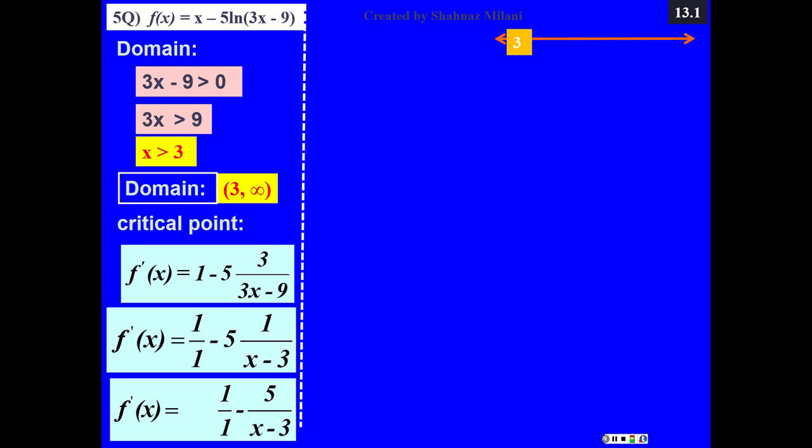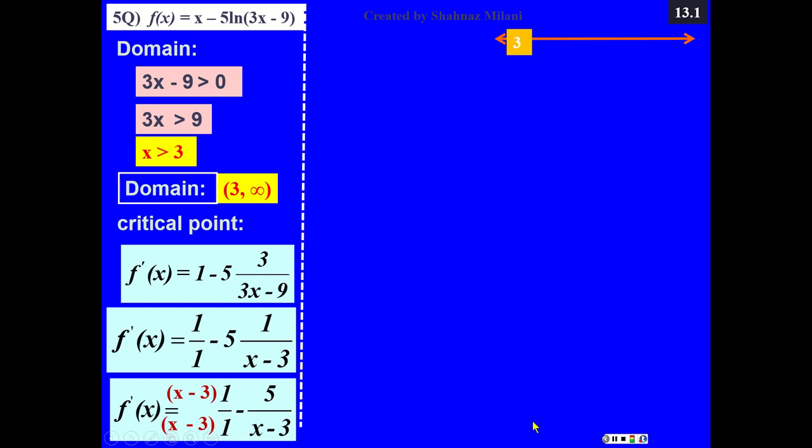Now, the LCD is the multiplication of all denominators. I have a 1 here, I have an x minus 3 here. That means my LCD is x minus 3. Then, I will multiply x minus 3 by the numerator and denominator.